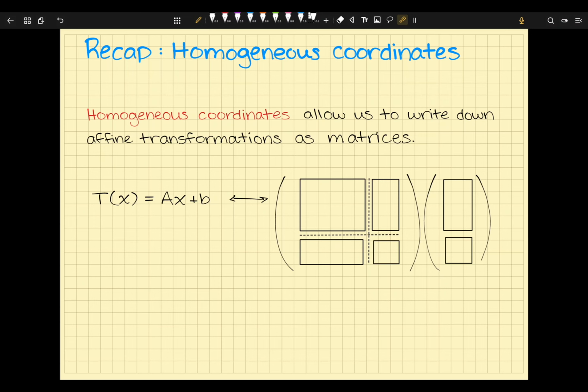And what we found is that we had this trick where, if you go up one dimension, you can actually write it down as a matrix. And it's a matrix like this. So again, this T is an affine transformation. And A here is the linear part of the affine transformation, and then B is the translational component.